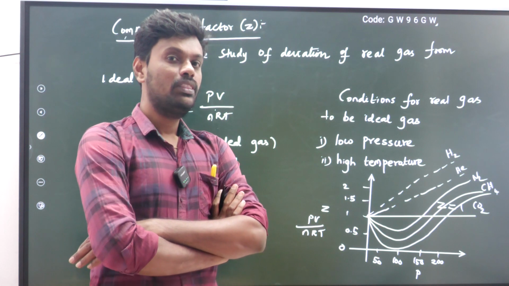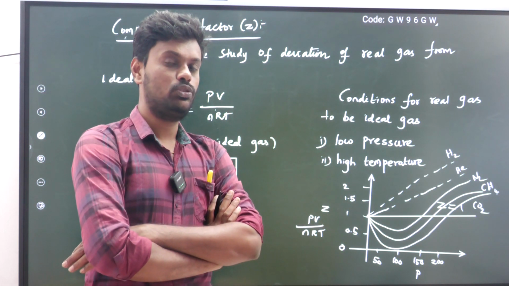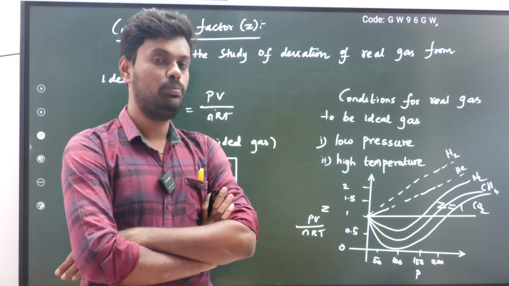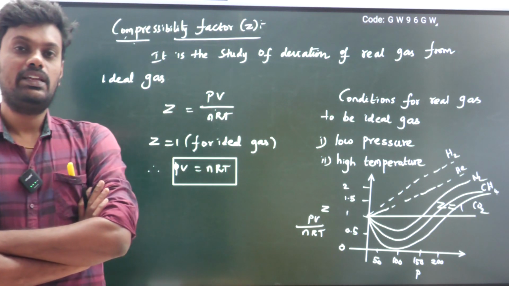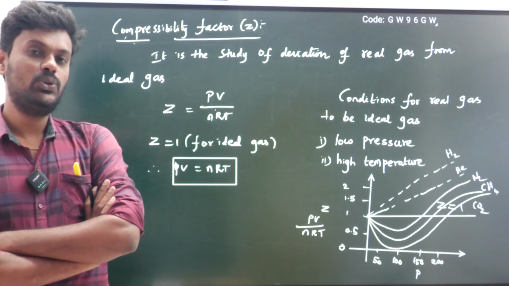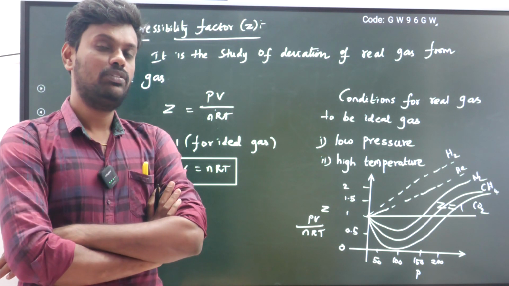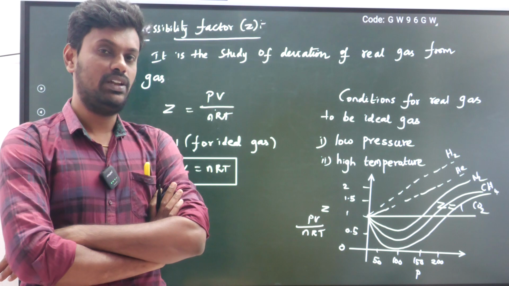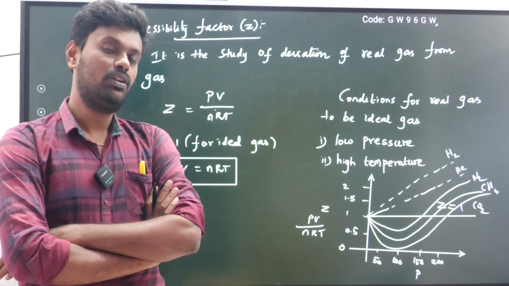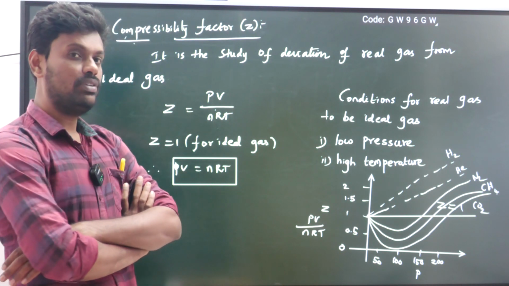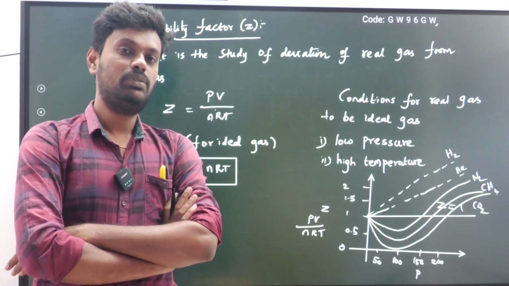So ideal gas means there are two conditions for the gas to be an ideal gas. One is that the volume of the individual molecule should be very much less than the volume of the total container in which the gas is filled. And the second condition, which we have studied, is that the force of attraction between two molecules is very less.